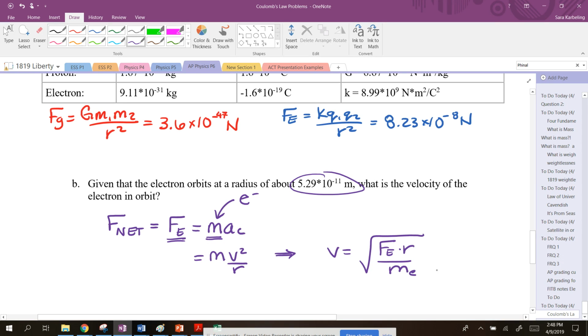Does that electron move fast or slow? Pretty fast. Too fast? What do I mean when I say too fast? Faster than the speed of light. Anybody want to guess? Is the electron going to move faster than the speed of light? No, because it has mass. How fast does it go? Do we know?